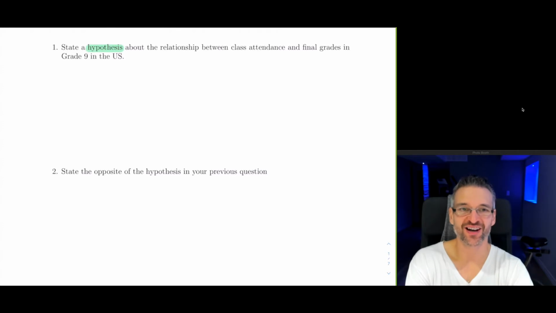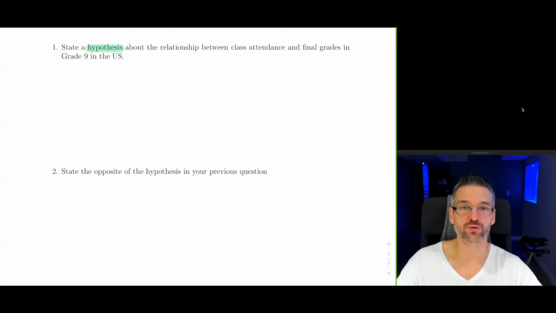That is not a hypothesis, because how do you define students who are attending the most, and students who are not attending as much, and how do you define highest grades? So in order to do this, we do have to be a little bit specific, and the key idea out of this question is to really see if students understand how to create a hypothesis so they can actually create experiments to verify that hypothesis.